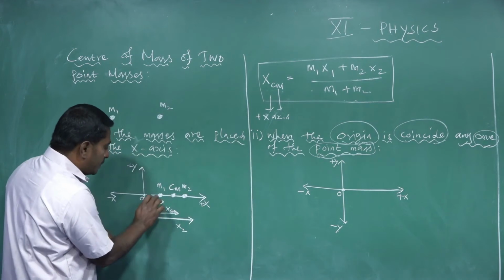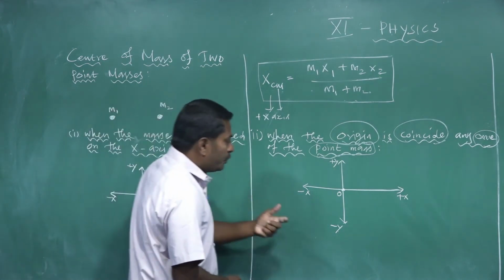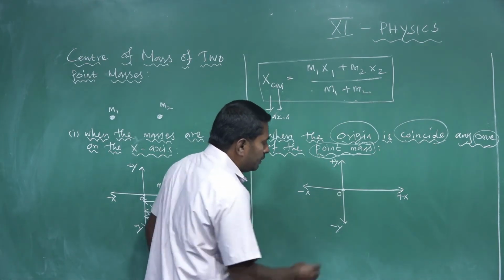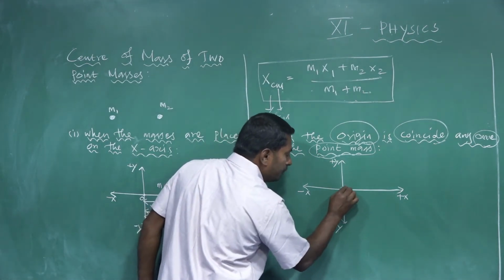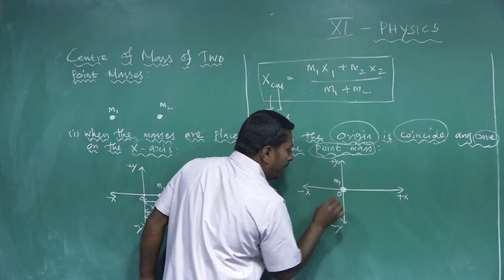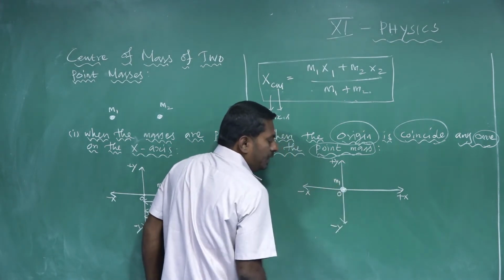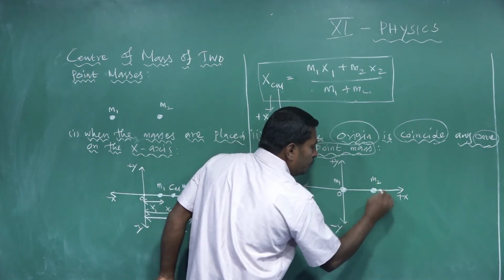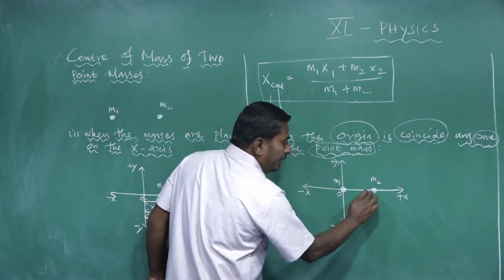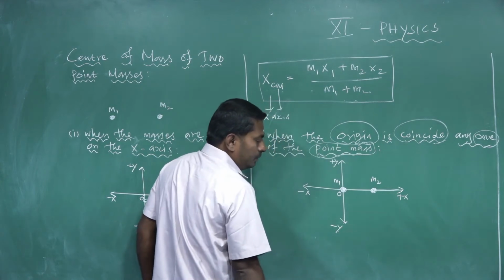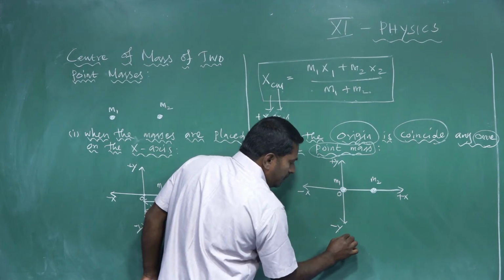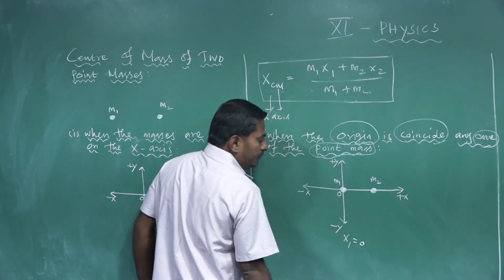Out of 2 point masses, m1 and m2, we choose any one point mass to coincide with the origin. I assume the m1 point mass is made to coincide with the origin. The m2 point mass is lying along the positive x-axis. Here x1 is equal to 0.